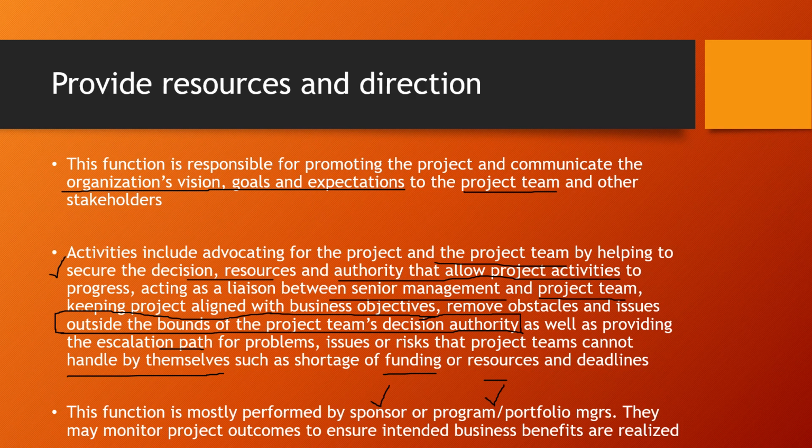They may monitor project outcomes to ensure intended business benefits are realized. So, like I said, provide resources and direction. This function is performed by people who are above the project manager in the corporate hierarchy.